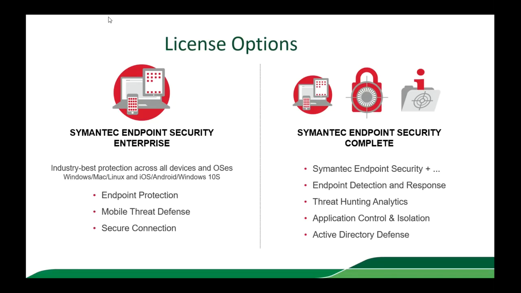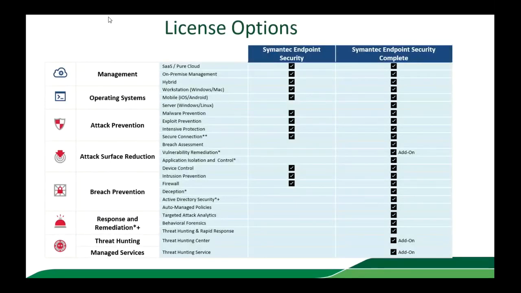Then, if you want more than that, you can purchase Symantec Endpoint Security Complete, whereby you have your SES with what I talked about earlier, plus endpoint detection and response. You'll have threat hunting and analytics, application control and isolation, and Active Directory defense. So these are the features available for the different licensing options.